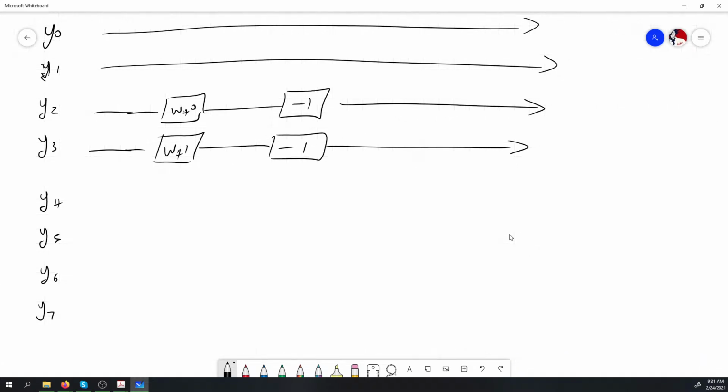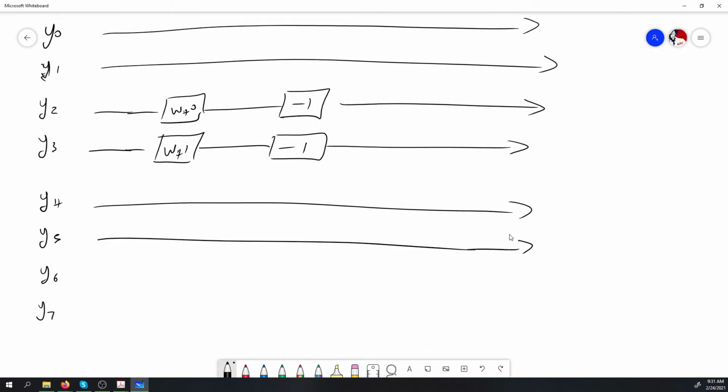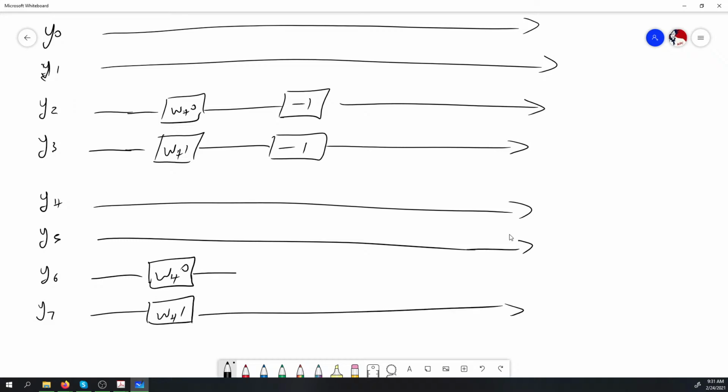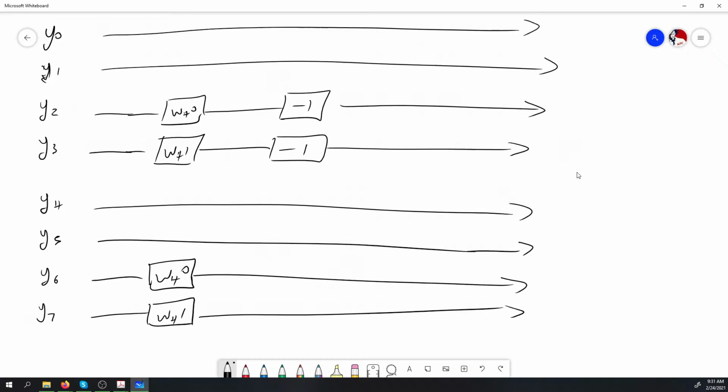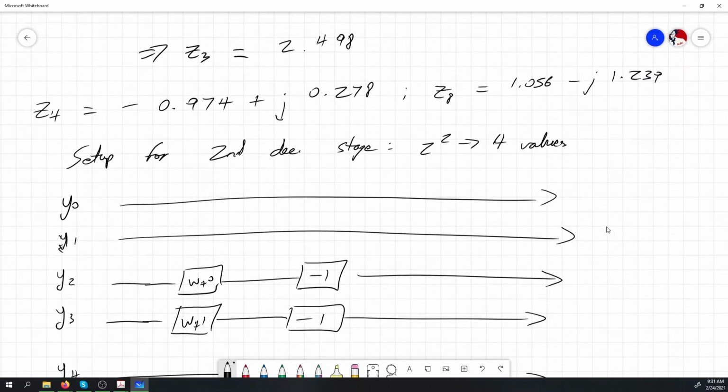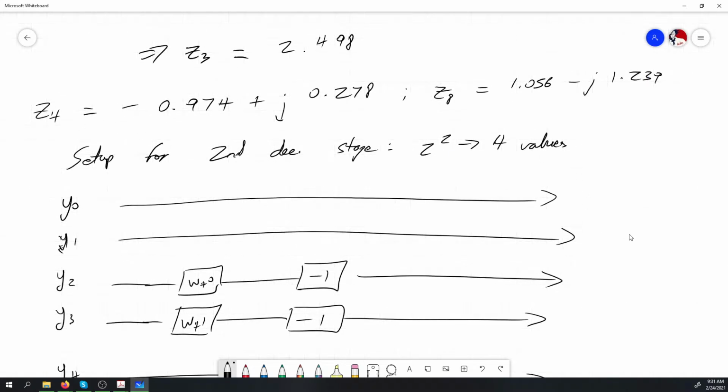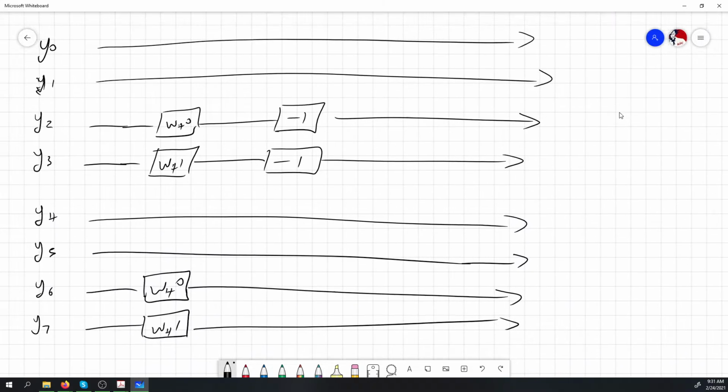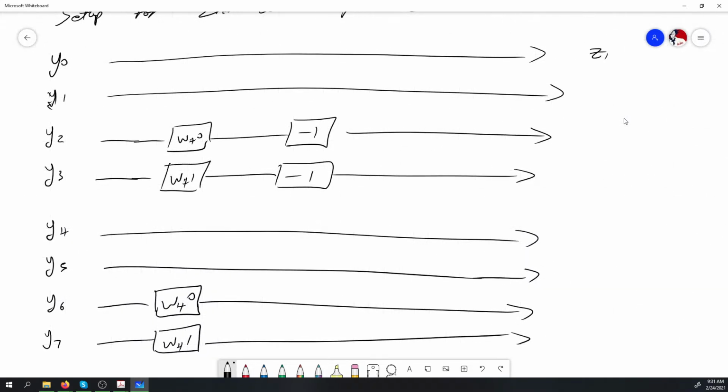And then the same thing happens for the next 4 values. The first 2 values here will have no twiddle factors, then this one here will have a twiddle factor, that's W4 of 0, and W4 of 1, and so forth. So the output of the second decimation stage here is going to be the values that we just calculated for Z1 to Z8. So this here is basically going to be Z1, Z2, Z3, Z4, all the way down to Z8.